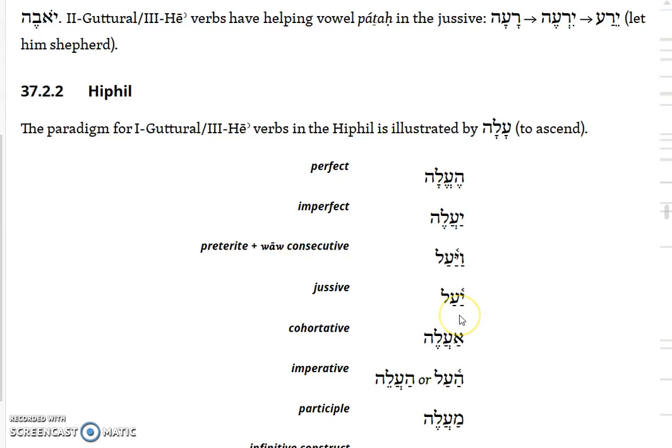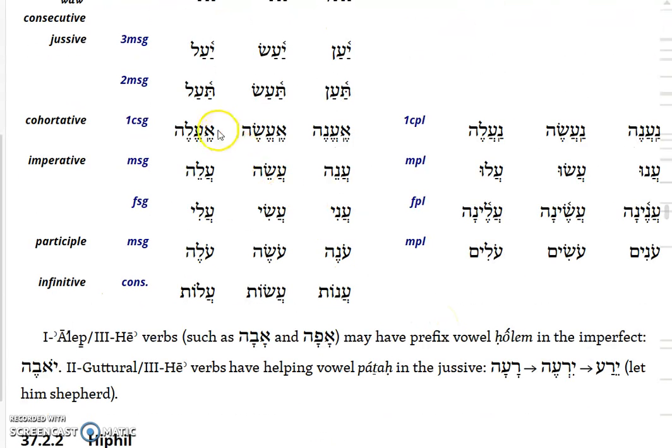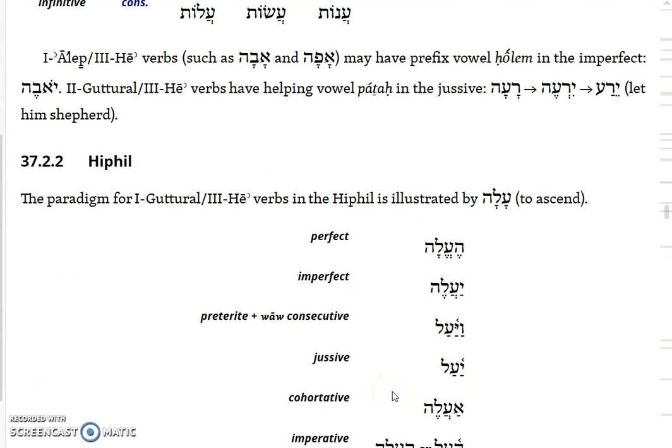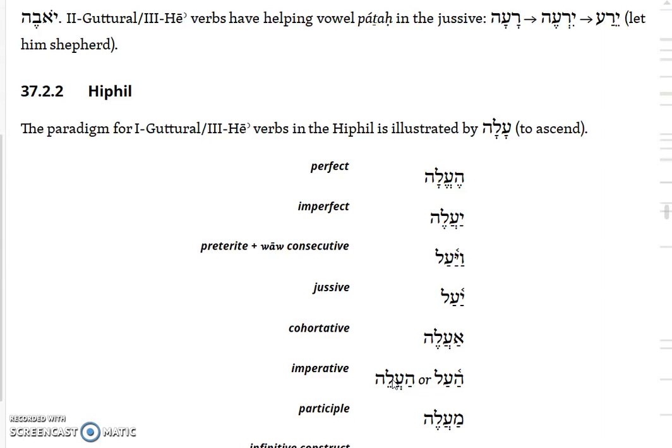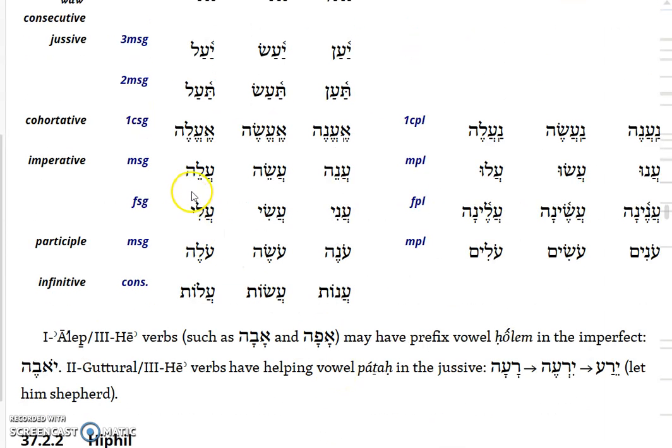The jussive ya'al is also the same as the jussive in the qal. So with this first guttural and third hey, you're getting a lot of forms that are going to be identical. The coordinative in the hifil is ya'aleh, whereas the coordinative in the qal is ya'aleh.